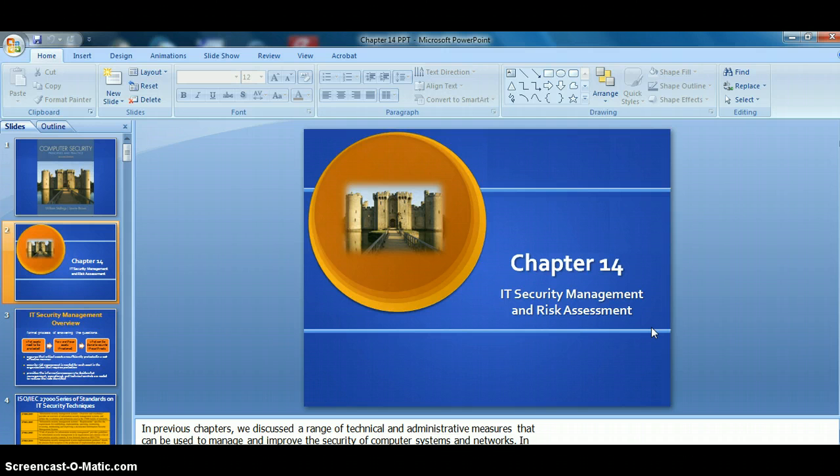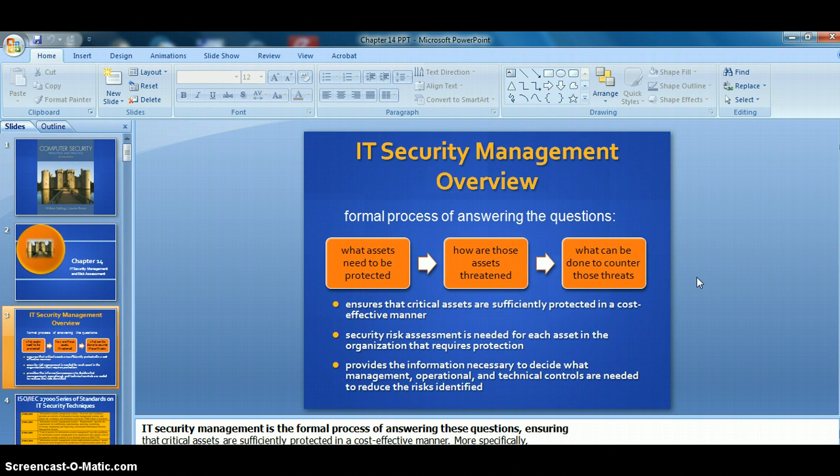Let's start here with our class today, which is one of the security components, security management and risk assessment, which comes under administrative security. If you go with security management, then we have a group of questions which is asked before we go with security management.